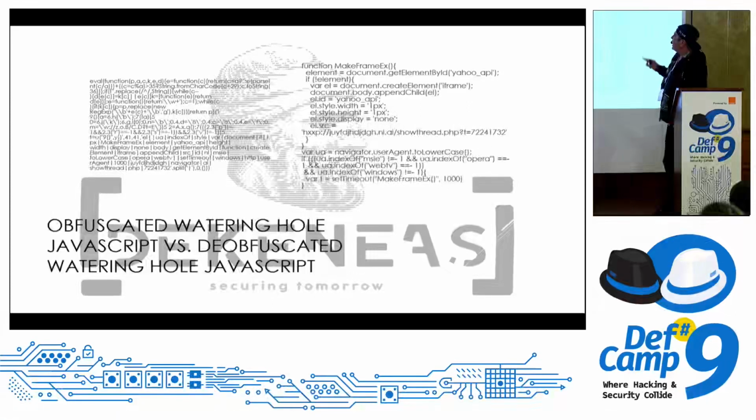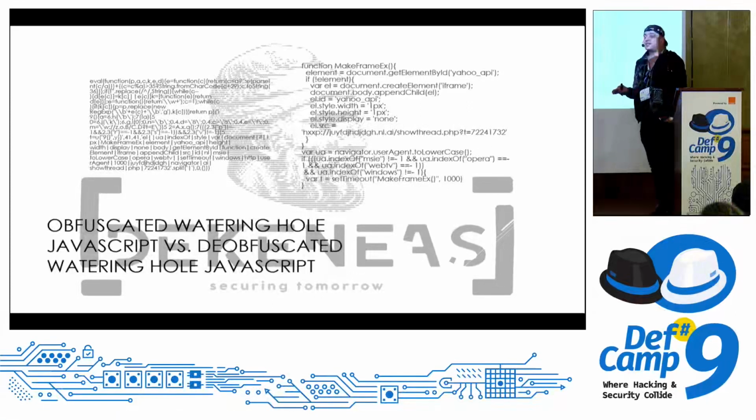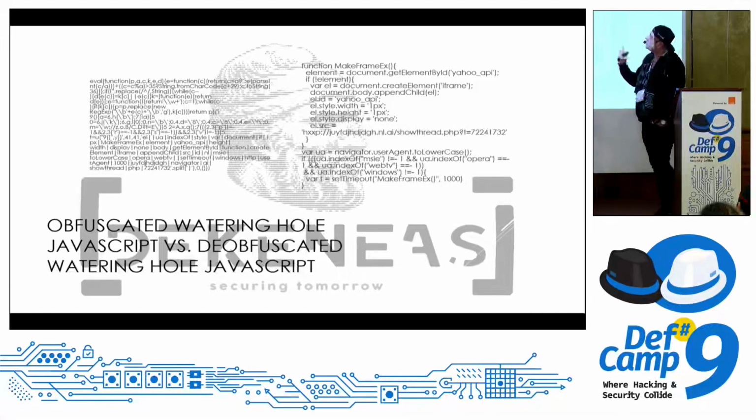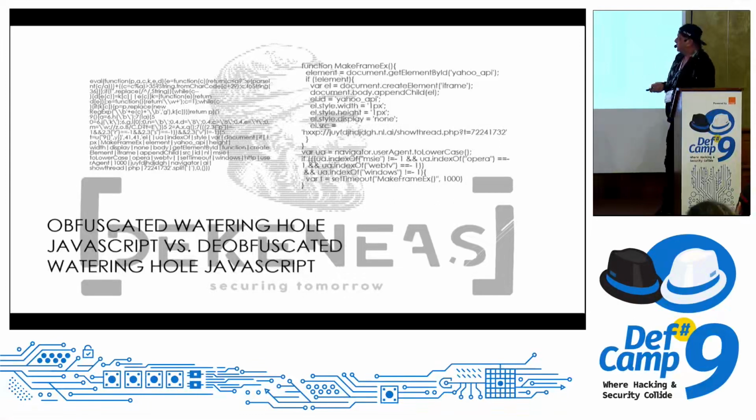And it also has an anti-analysis technique by setting a timeout to execute the script after 1000 milliseconds. As you can see on the right side, it's very easy to notice the offending elements of the JavaScript, but these are not very obvious in the obfuscated script, which is located on the left side of the screen.